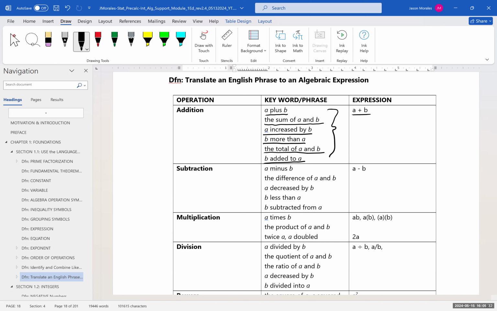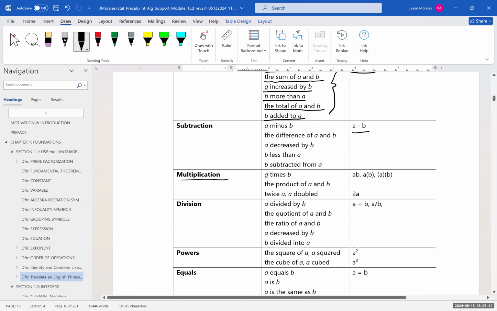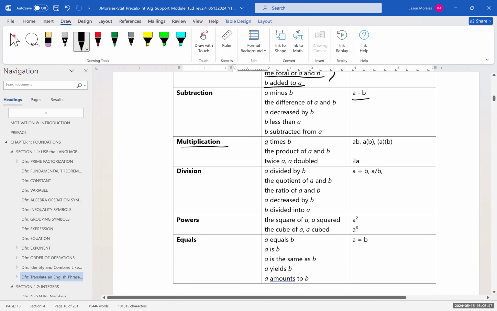All these different ways of saying simply a plus b. And likewise, we've got these other phrases for subtraction, for multiplication, for division, and for giving powers, or saying that two numbers or two expressions are equal to each other. There's a lot of different ways of even saying that.